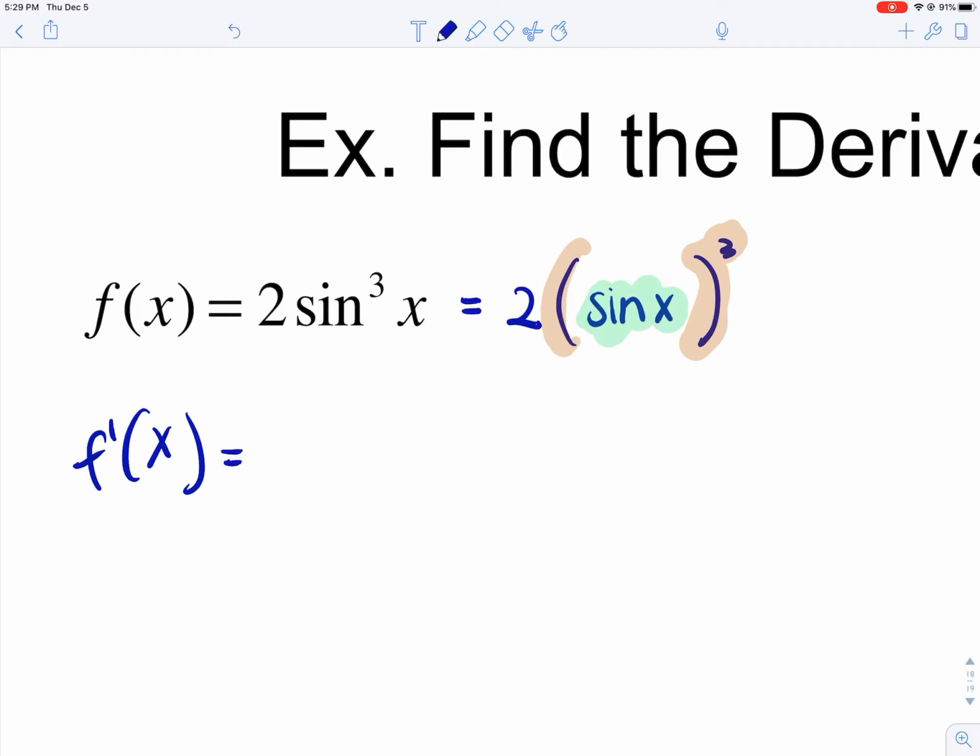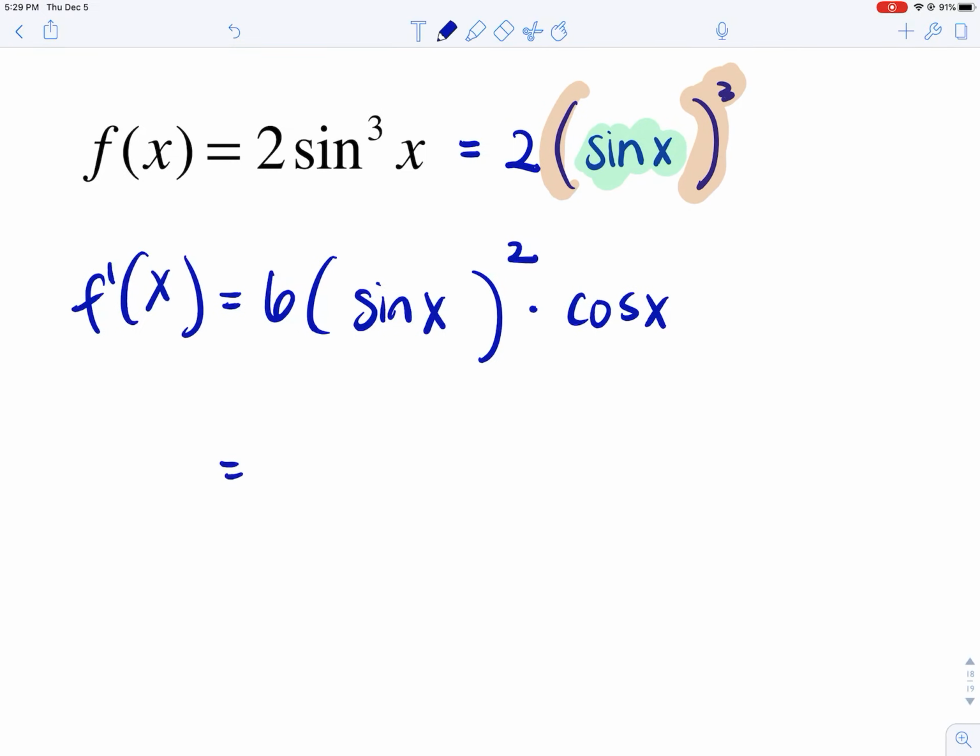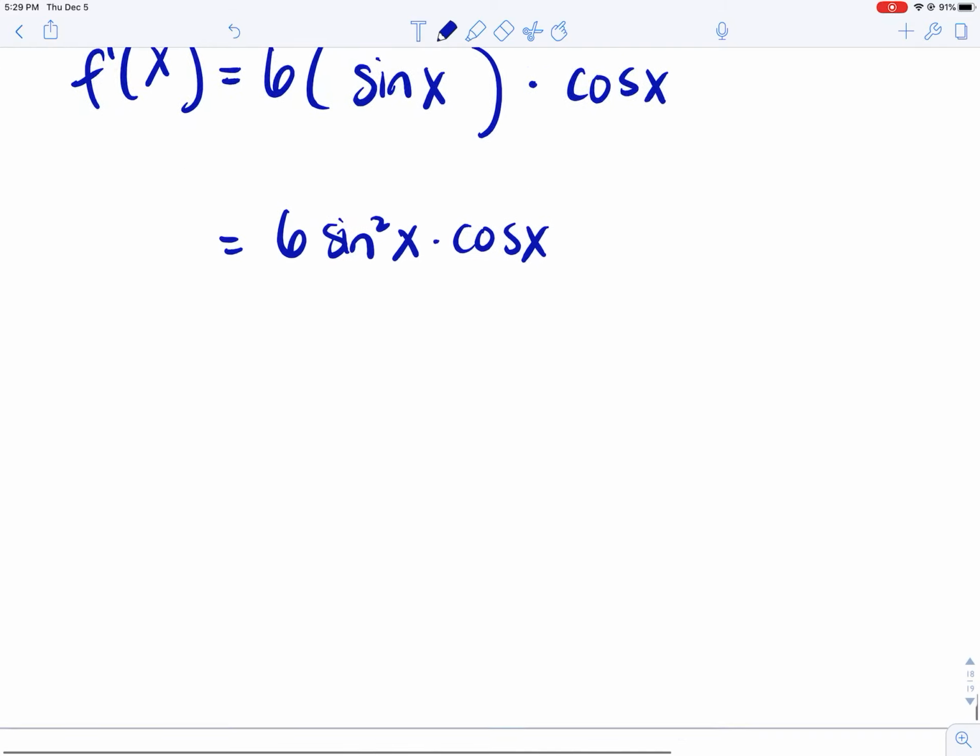So derivative of the outside, we'll multiply 2 by 3, so that'll give us 6, and then subtract 1 from the exponent, that's 2. Leave the inside alone, and then times the derivative of the inside will just be cosine. So we'll just leave that there.